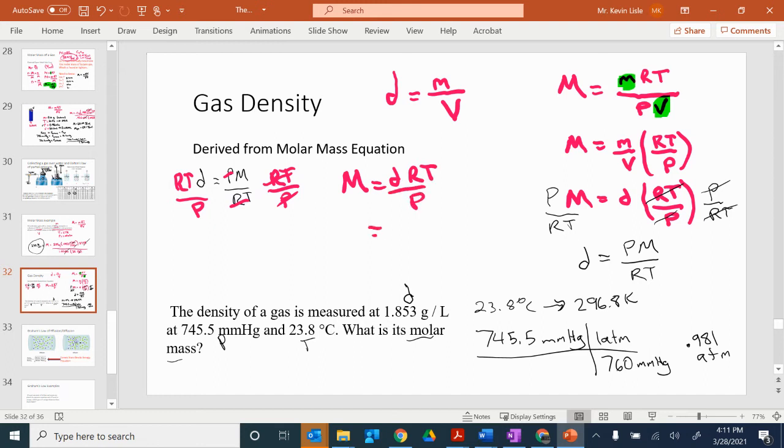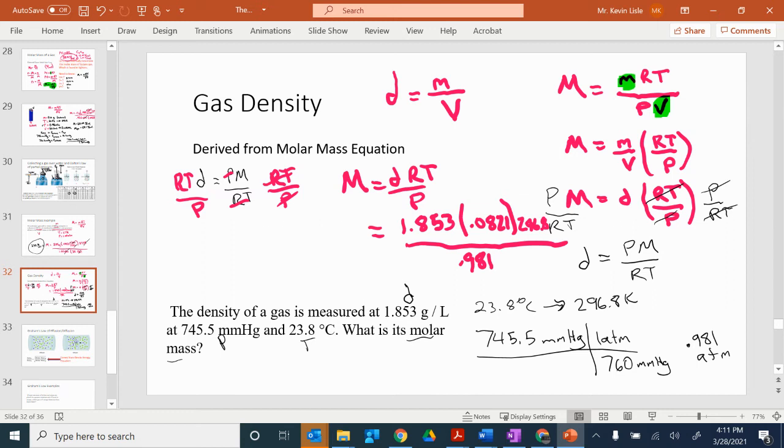So let's plug in. We were given the density, 1.853. The R value is the same as always, 0.0821. Temperature is 296.8, and pressure is 0.981 atmospheres.